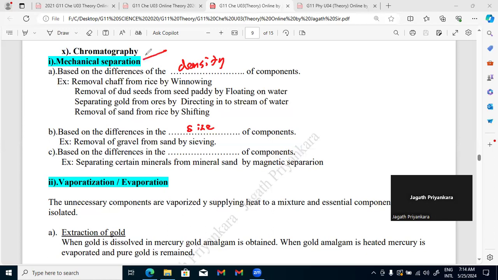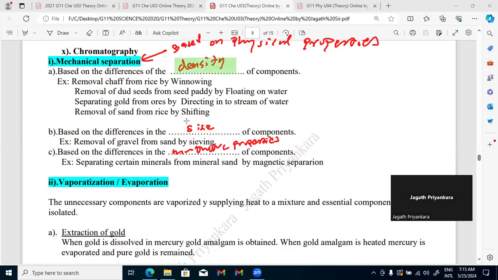So in front of mechanical separation, you can write based on physical properties, within brackets, in front of the heading. But here the first blank, you write density, then size, and this is magnetic properties. Density, size and magnetic properties.